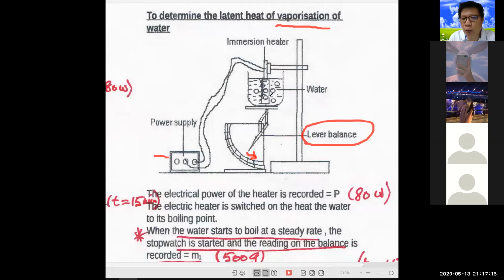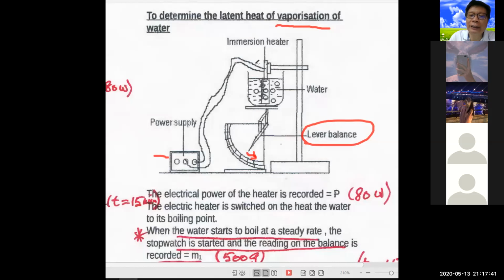Actually, you need a thermometer to check whether it's 100 degrees or not. Or if you don't have a thermometer, never mind, you can use your eyes to see. How to see the water is boiling? You see bubbles, or you see the vapor coming out, evaporating.